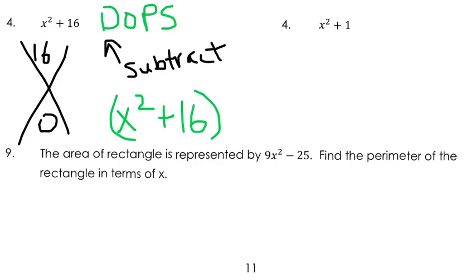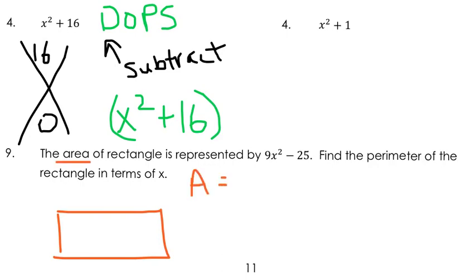Number 9 will be the last one that we go through together. It says the area of a rectangle is represented by 9x squared minus 25. Find the perimeter of the rectangle in terms of x. I always like starting this with a picture. So I know I've got myself a rectangle here. And if I'm talking about the area of a rectangle, I know my area formula equals length times width.